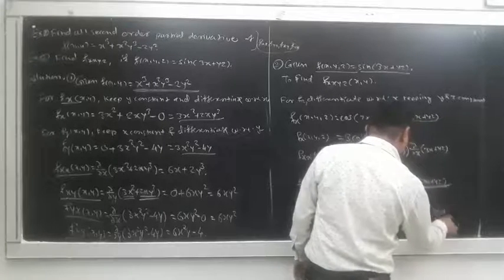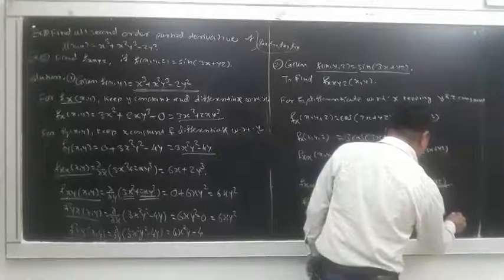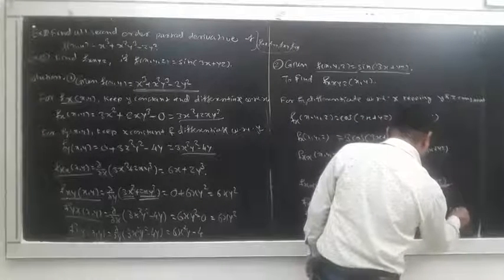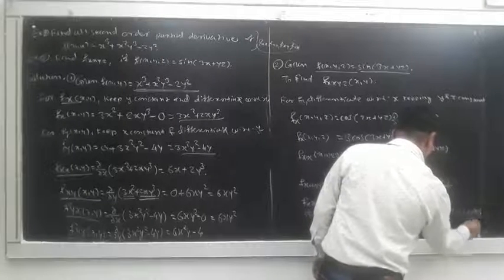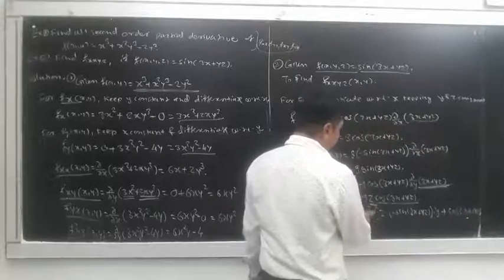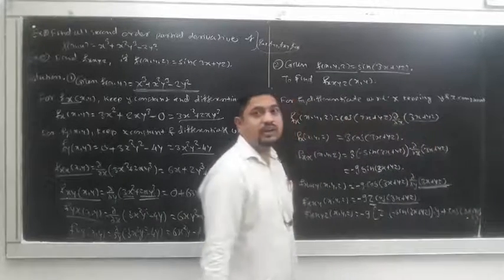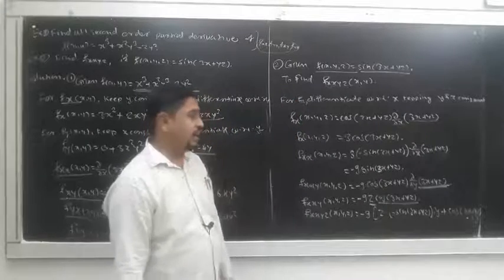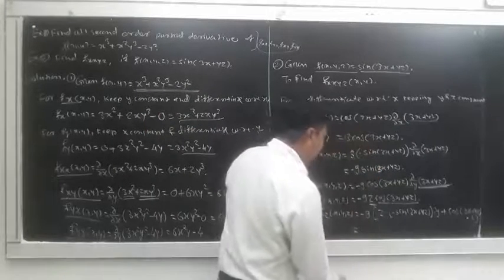Okay. Plus what can we write? The second function as it is, that is cos of (3x plus yz), into the derivative of the first function, the derivative of z is 1. Is it? And what are we getting now? Just try to simplify.